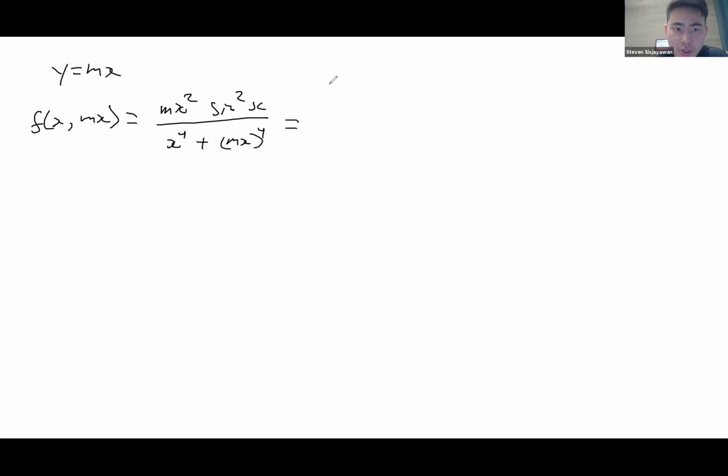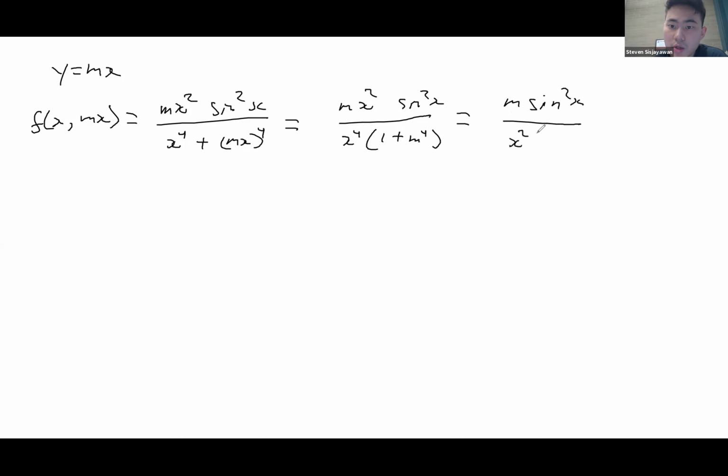If I simplify this down, I get m squared x squared sine squared x all over x to the power 4 times (1 plus m to the power 4). We can simplify this further into m squared sine squared x all over x squared times (1 plus m to the 4th).